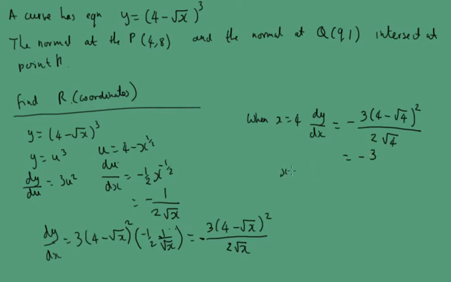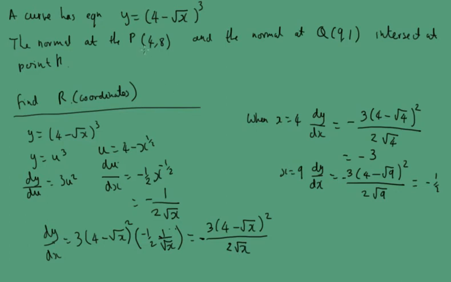And when x equals 9, dy/dx will be -3(4 - √9)² / (2√9), and that comes out at -1/2.